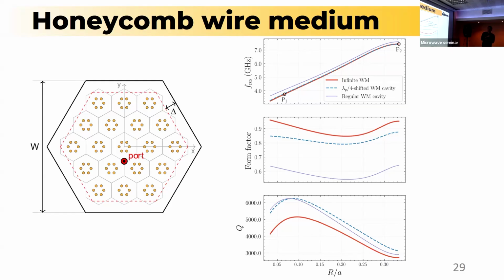The lambda/4 shifted cavity is approaching this value, but it's not the same because it includes the air gap. The regular cavity is slightly lower, with values of form factor always below 0.7. The quality factor is not drastically affected by the introduction of the lambda/4 air gap, and it has values similar to the rectangular cavity.